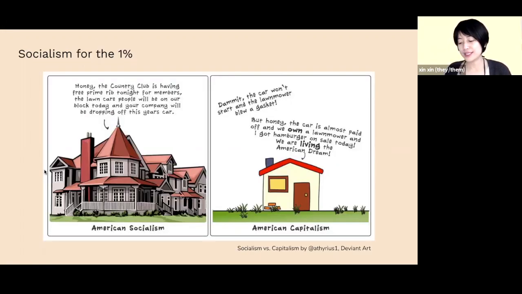So here what we see is America through two different angles.